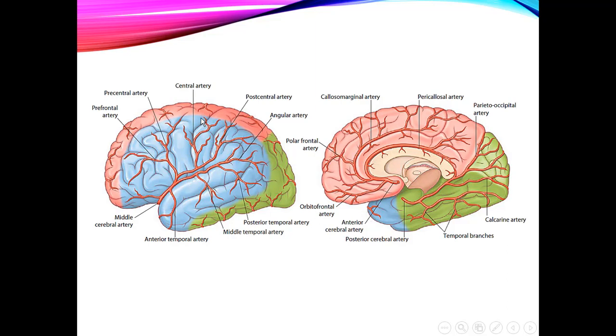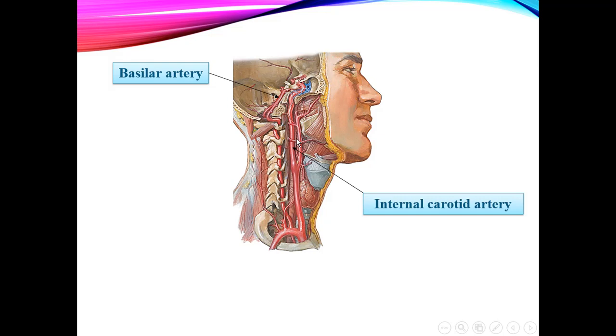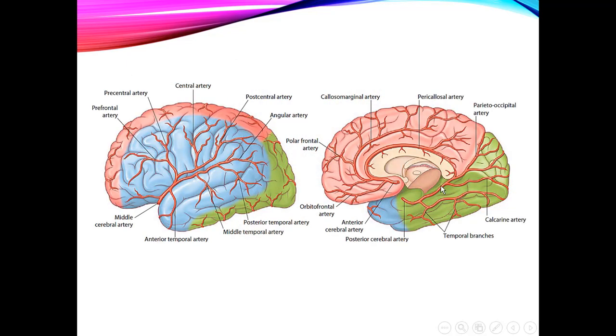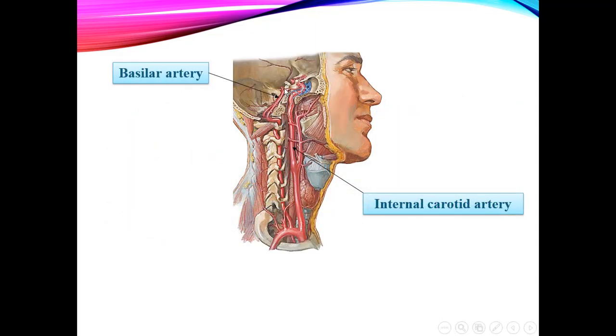As you see, the middle cerebral artery mainly supplies the superolateral surface of the hemisphere. The anterior cerebral artery and the middle cerebral artery originate from the internal carotid artery, while the posterior cerebral artery is a branch from the basilar artery.